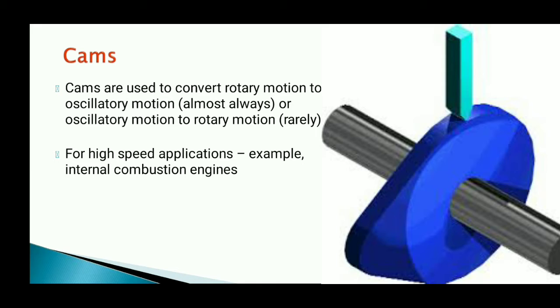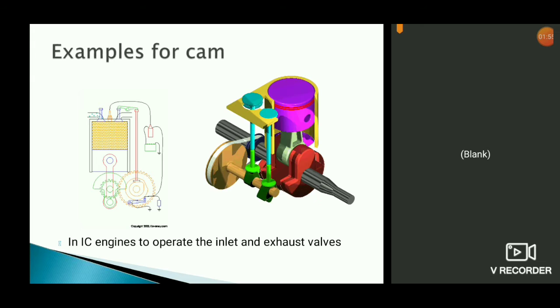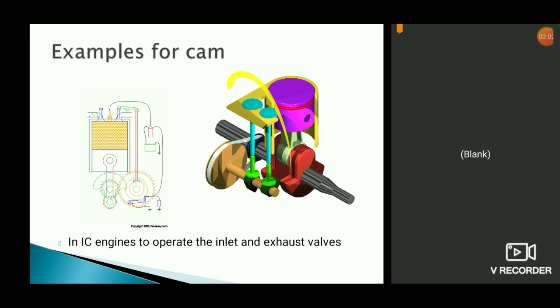You can see the applications where we are using it. It's used for high speed applications like IC engines. A lot of places we will be using it, but IC engines will be the common area where we can use this device. You can see in the diagram here, this is the cam device.